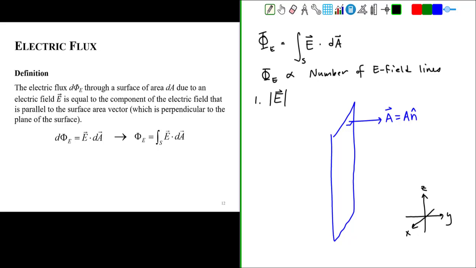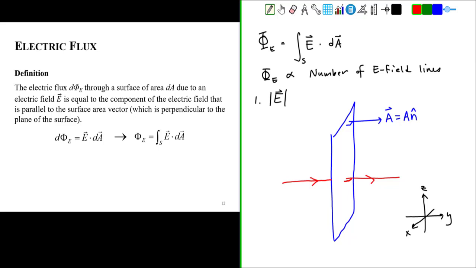Let's look at an electric field. Here is a single electric field vector passing through the surface. The way I've drawn it, it is perpendicular to the plane of the surface, or parallel to the area vector describing the surface.